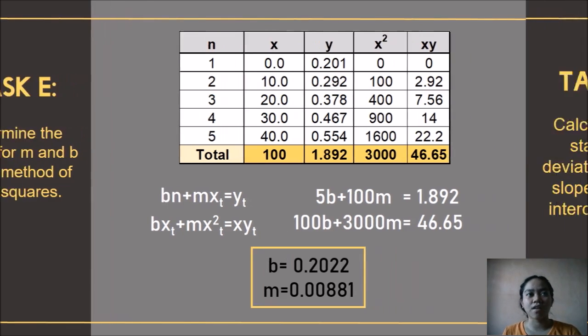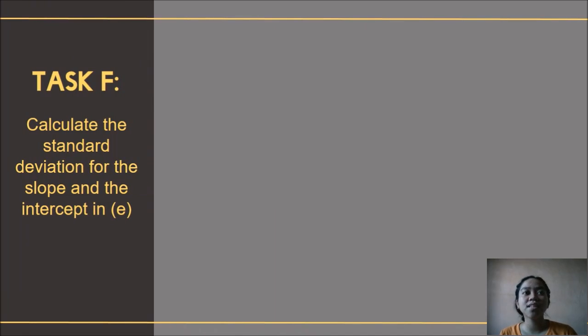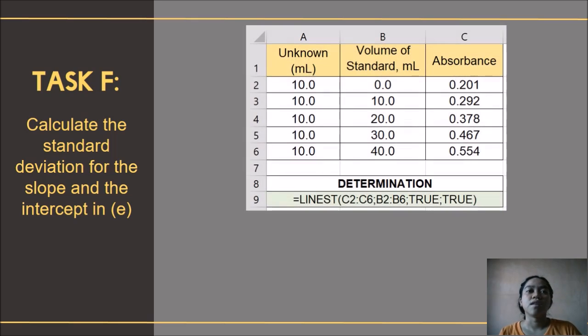For task F, calculate the standard deviation for the slope and the intercept in E. This problem itself is an Excel problem, so I use Excel to get this answer.